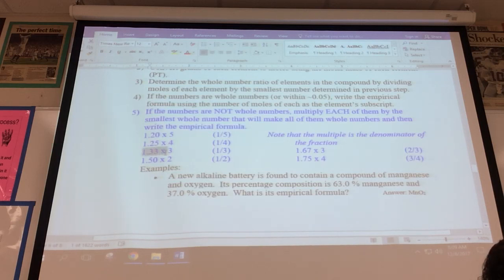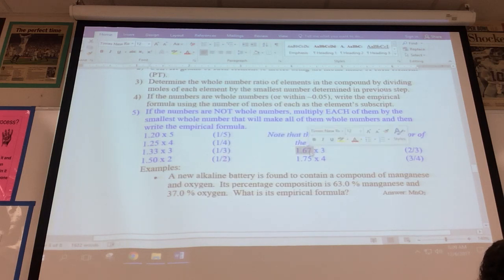If you got 1.33 or 3.33, you'd multiply everything by 3, because 0.33 is a third, and the denominator of that fraction is 3. If you got 1.50 or 2.50 or 5.50 or anything 0.50, 0.5 is equivalent to a half. So you'd multiply everything by 2.